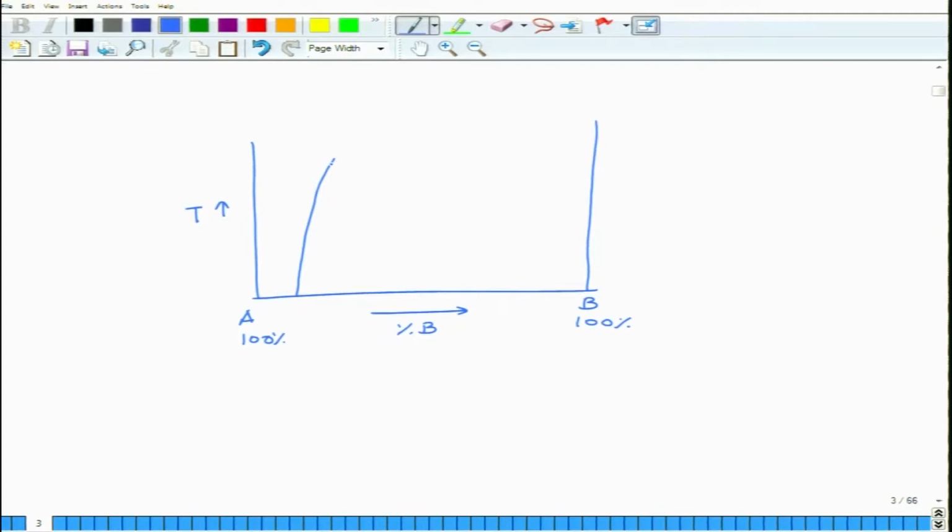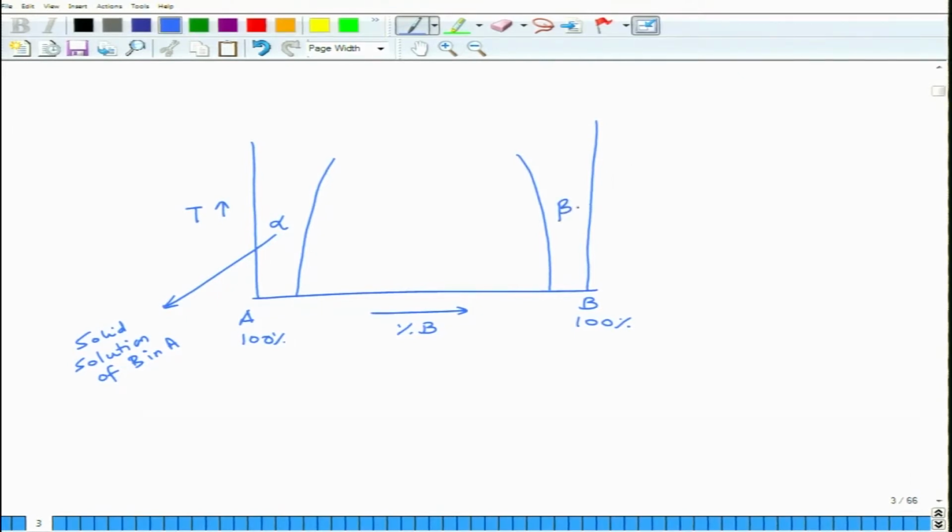This line determines up to which point in composition space the solid will dissolve. Similarly, on this side you will have these boundaries. Between this and this it will be the alpha phase. Alpha phase is a solid solution of B in A.